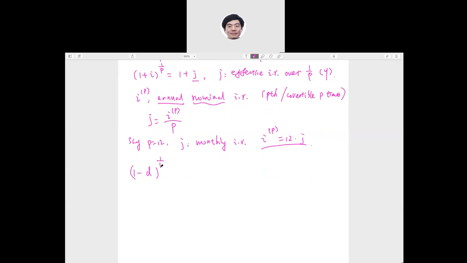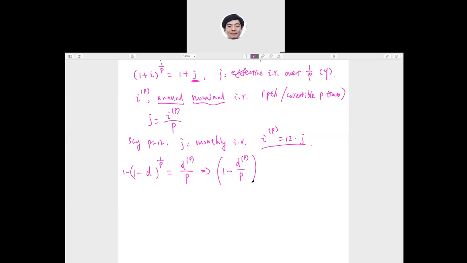So this would be the discount factor for 1 over P number of years. 1 minus the discount is how you define the discount rate, and let's call this d upper P over P. It's essentially the same concept as J. So you can put it as 1 minus d upper P divided by P. This is 1 minus the discount rate over 1 over P number of years, right?